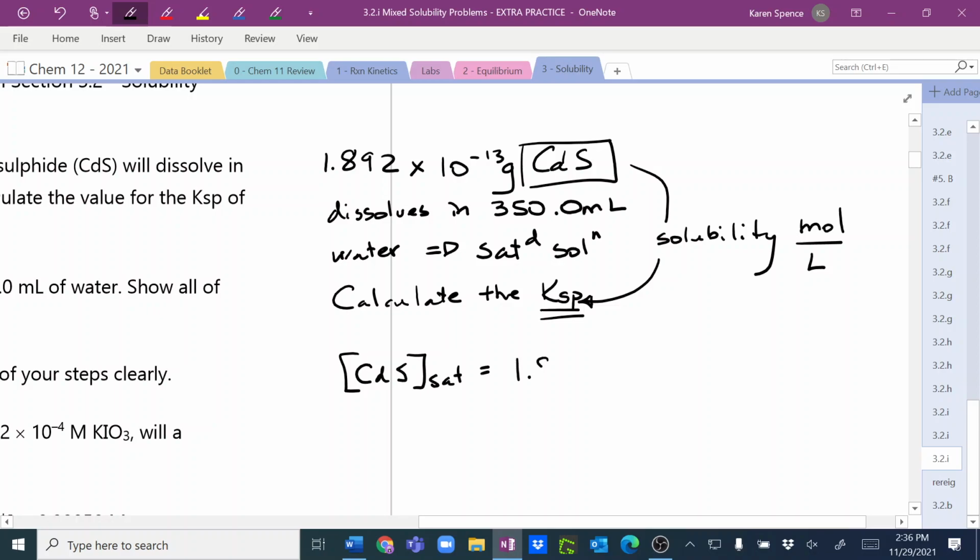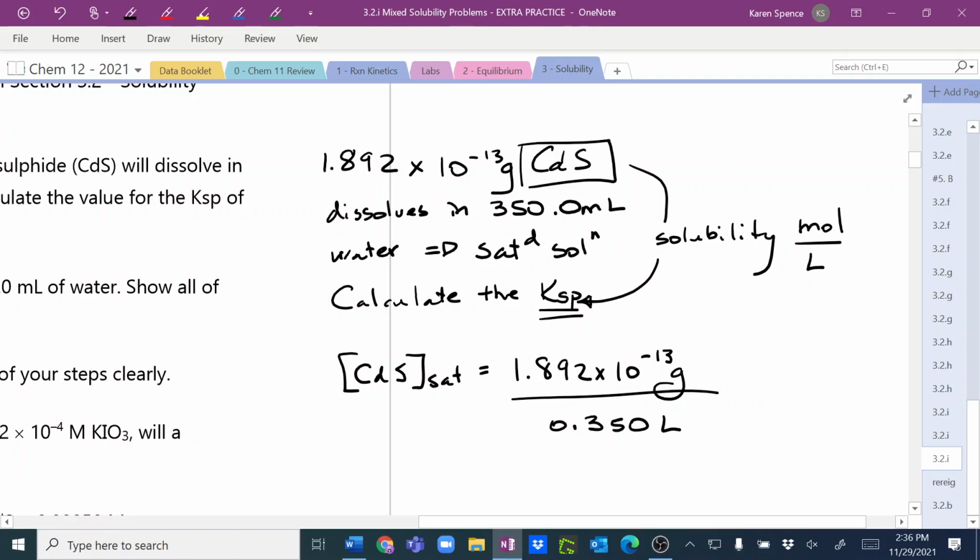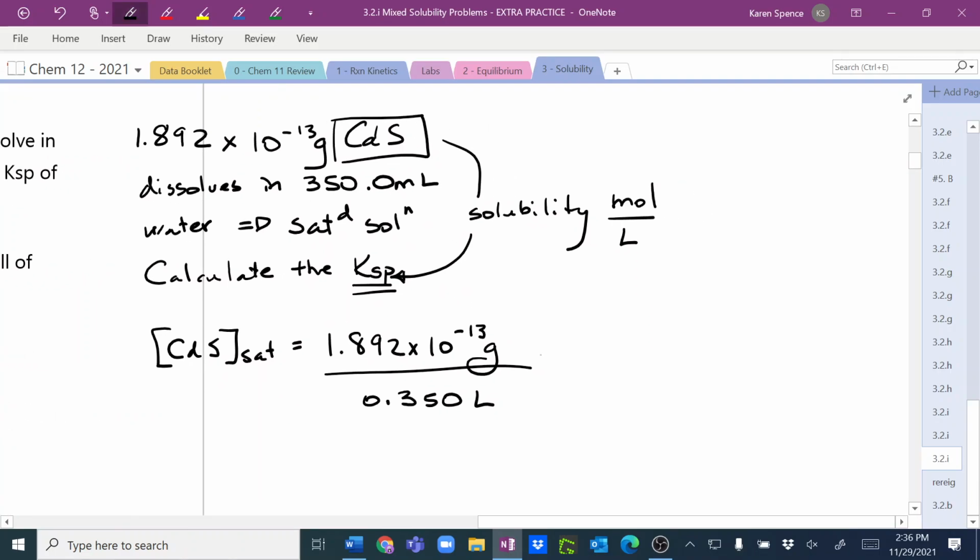is 1.892 times 10 to the negative 13 grams per 0.350 liters. But I don't want grams, I want moles.